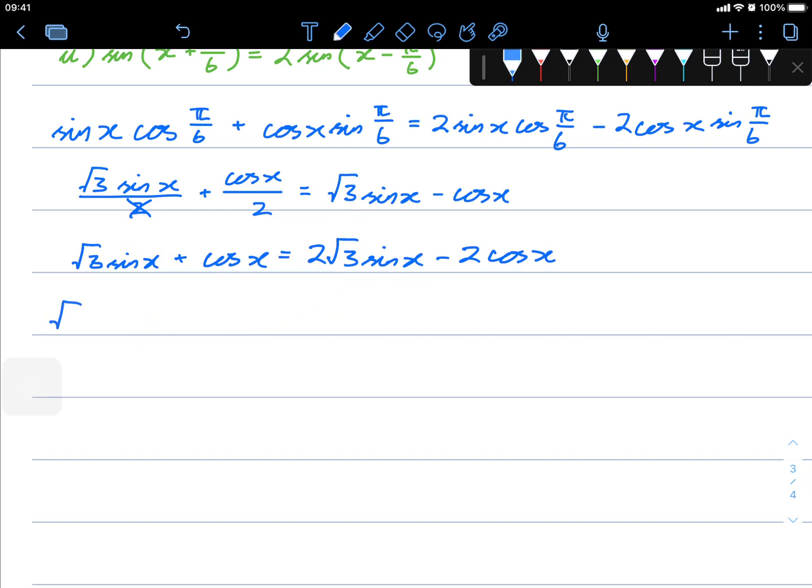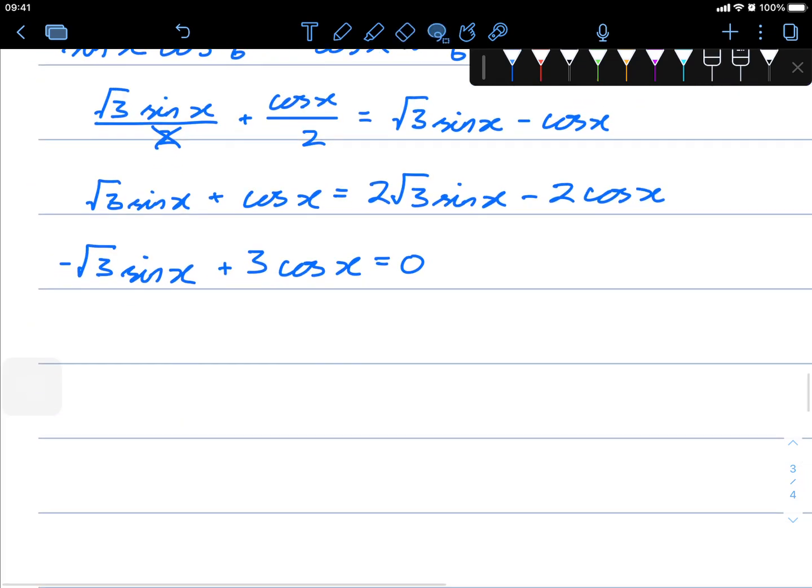So saying that out loud, root 3 minus 2 root 3, that's just negative root 3. So negative root 3 sine x, positive cos x plus 2 cos x, that's plus 3 cos x is equal to 0.